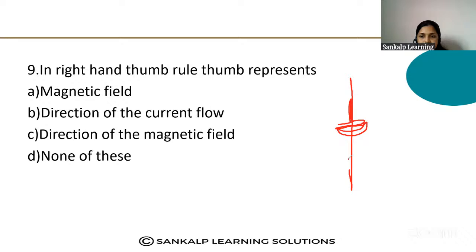Current is flowing in this direction. The thumb represents the direction of the current flow, and the remaining four fingers around the conductor represent the direction of the magnetic field. So the correct answer is option B, the direction of the current flow.